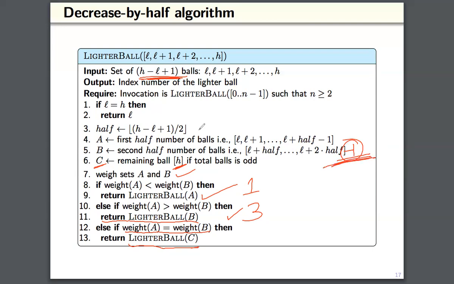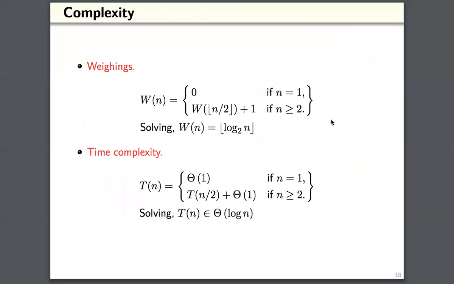Good. So this algorithm is very similar to binary search, right? So what's the complexity? Suppose W of n means the number of weighings for n balls. W of n is equal to W of n by 2 plus 1.